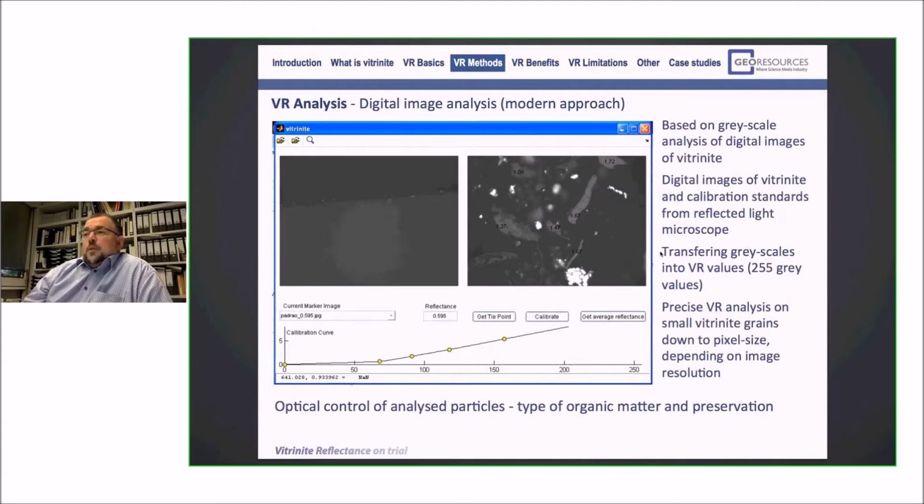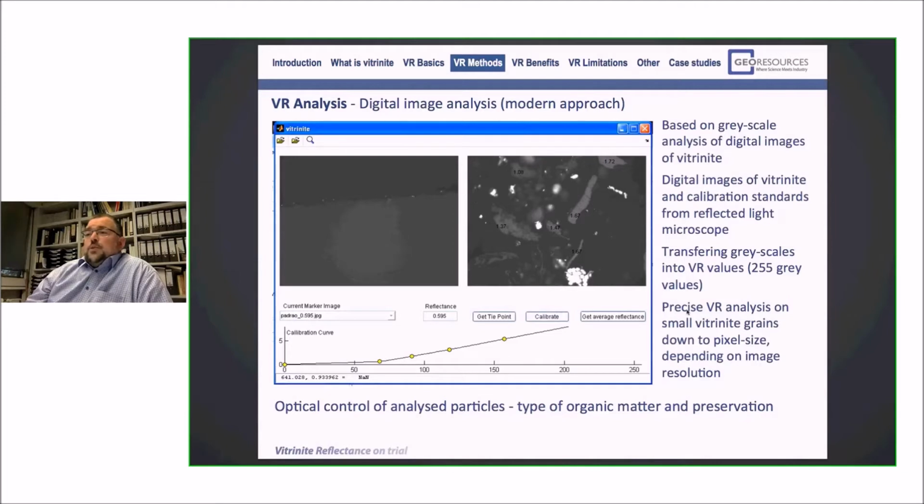And then the main work for the program is to transfer the grayscales into vitrinite reflectance values, like 255 gray values. With the calibration standards we calibrate the software. You see the yellow points, which are the standards that calibrate the system. And then if you have calibrated the system, we can just use the different grayscales to get exact vitrinite reflectance values.